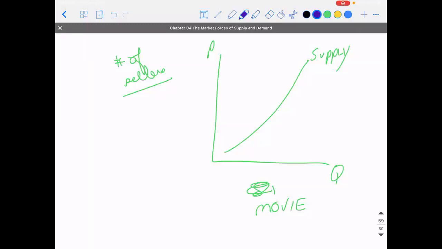I can just make it with my phone, or everyone's got cheaper access to the technology to make their own movies, then that supply will increase. So if the number of sellers increases, supply will increase, and vice versa.